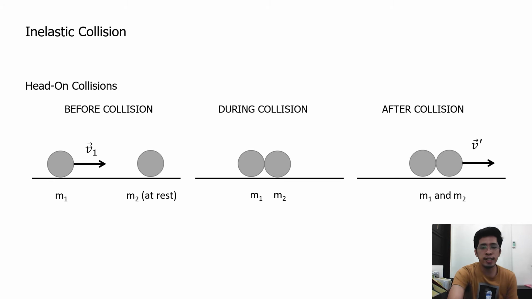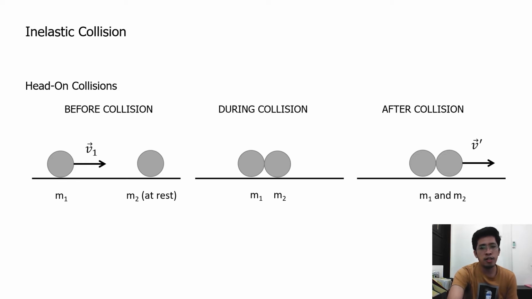Let's go to inelastic collision. So we have a head-on collision, which is an inelastic collision. And by the way, this is an example of a perfectly inelastic head-on collision. So M2 is at rest, M1 is moving towards M2.